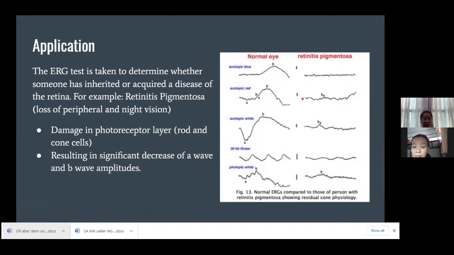Retinitis pigmentosa is caused by damage in the photoreceptor layer, which is the rod and cone cells. As a result, there is a decrease of A wave and B wave amplitudes, so the waveform is almost flat compared to the waveform produced by the normal eye.